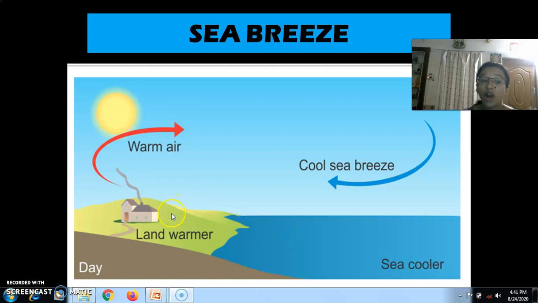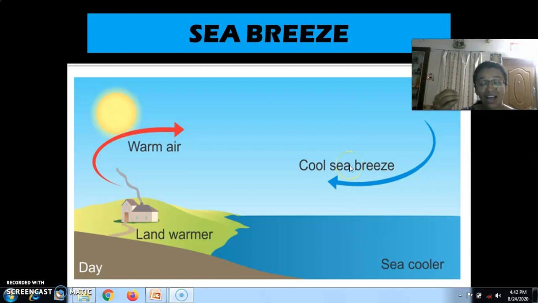So the air which is above the land area also gets heated. As I said in convection, this warmer air moves upward and towards the sea, and on the seaside the air is cool.